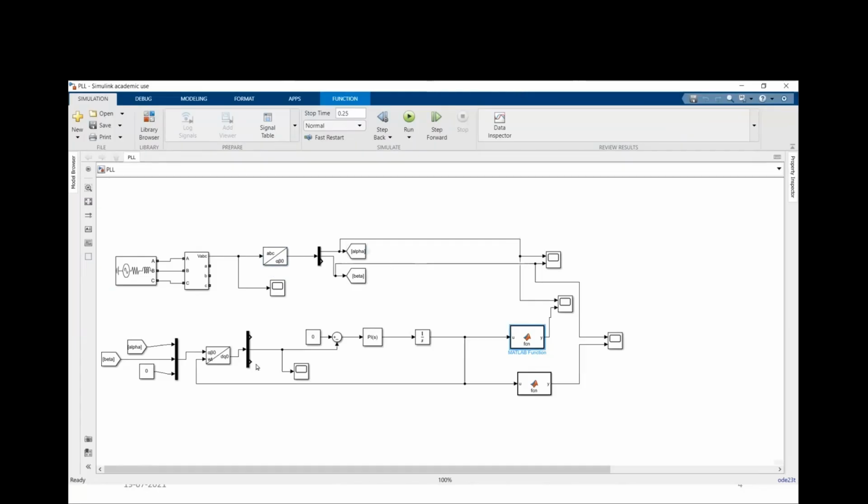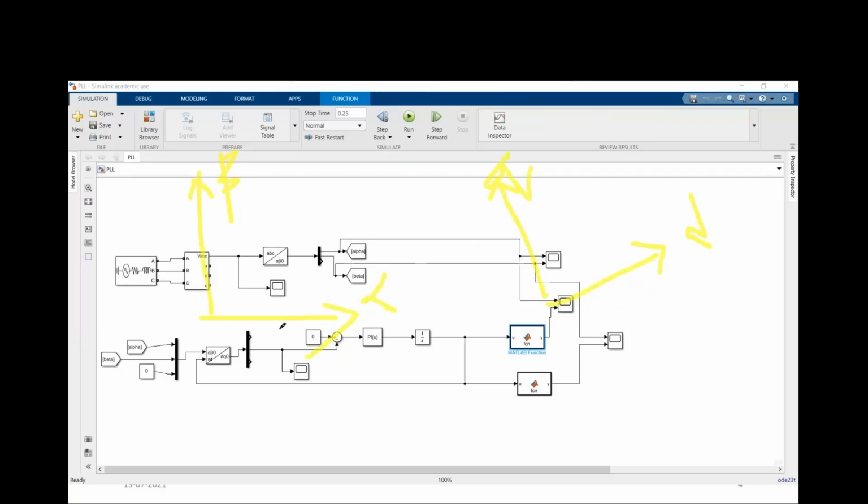In PLL, what we do is convert this alpha beta to the DQ0 reference. What this DQ0 means: alpha and beta are orthogonal to each other, and D and Q are also at right angles to each other.